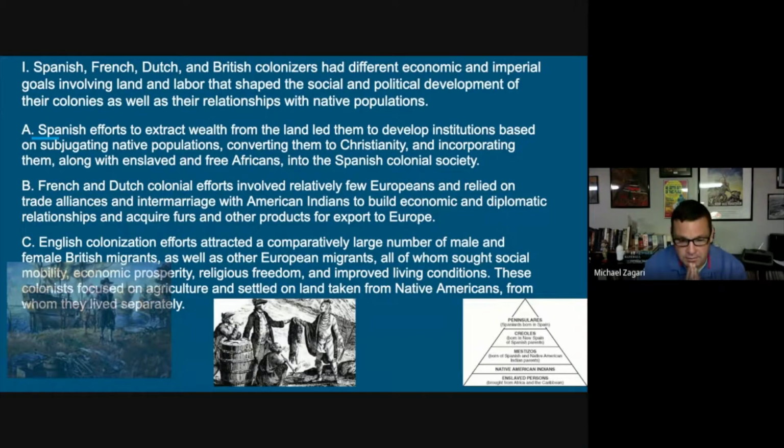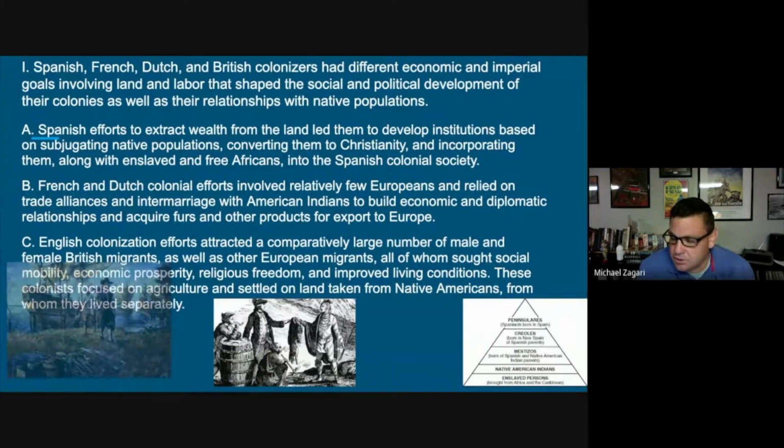But we're going to see that while they are coming in, they're going to have different types of settlements. The Spanish settlements are going to incorporate Native Americans into their societal structures, whereas the French are going to have more of an open relationship with them.